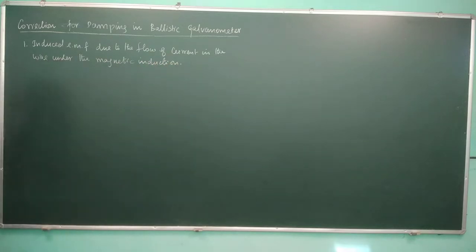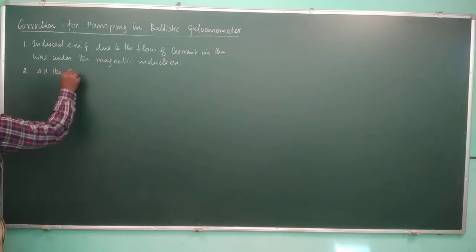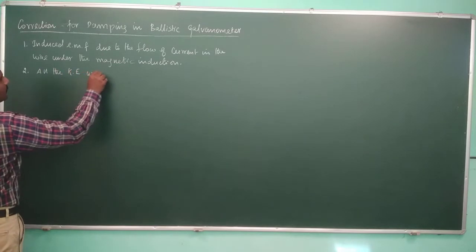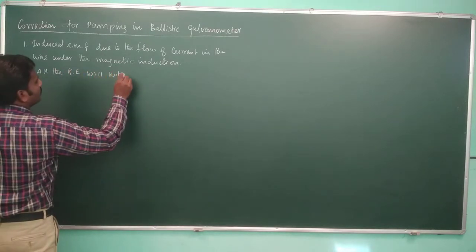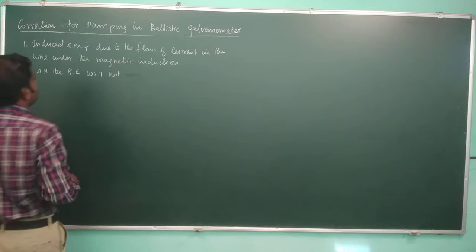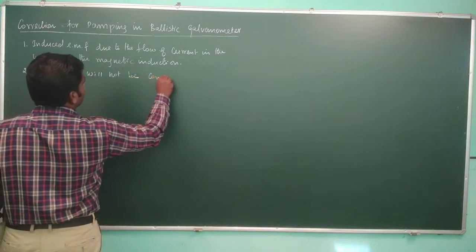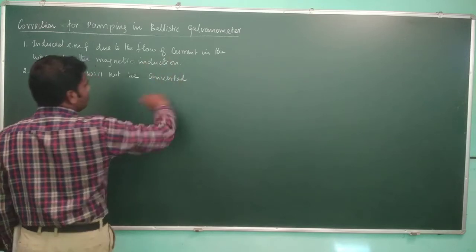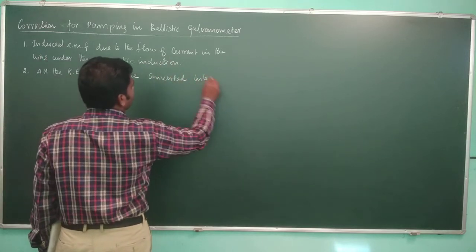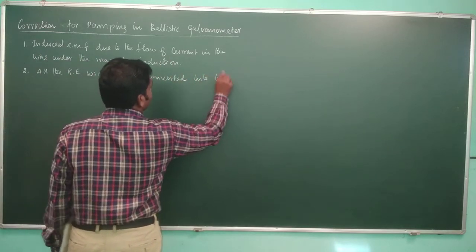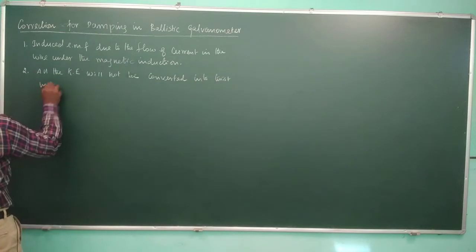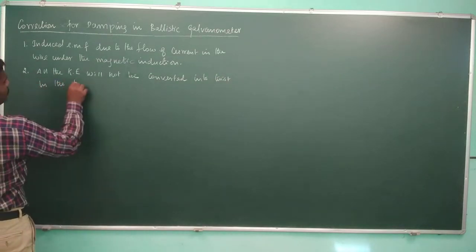So this is one factor which will create damping in the original throw. And the second factor: all the kinetic energy will not be converted into twist in the torsional wire.